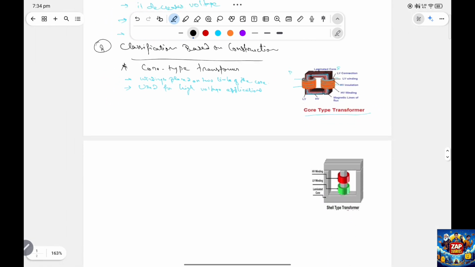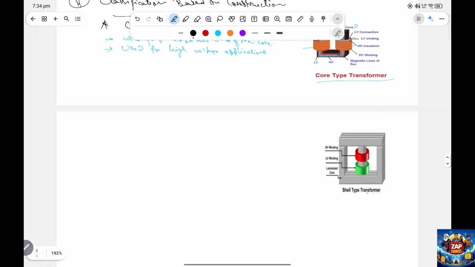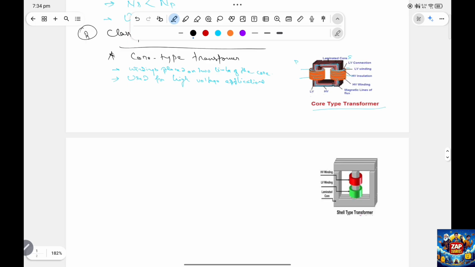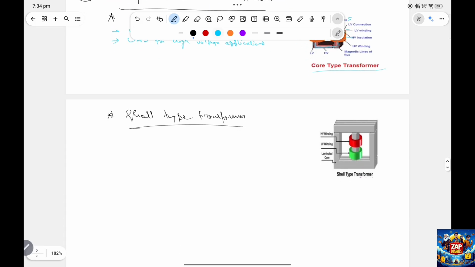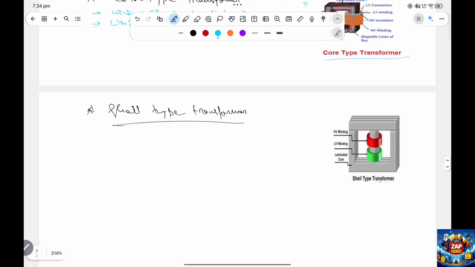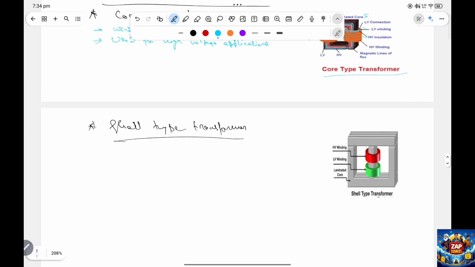Then we have another type of transformer in the classification based on construction itself, which is the shell type transformer. Okay, so let's try to visualize this. You can see this has a different design.